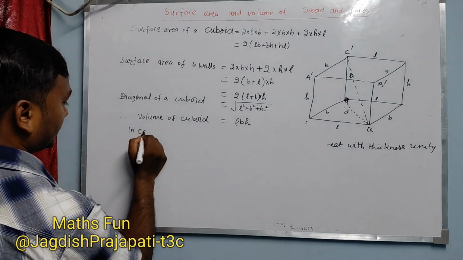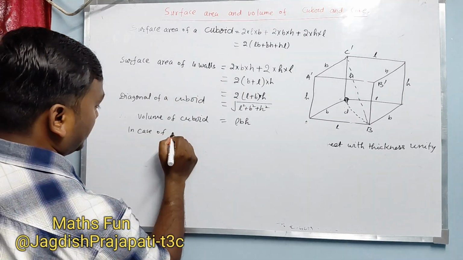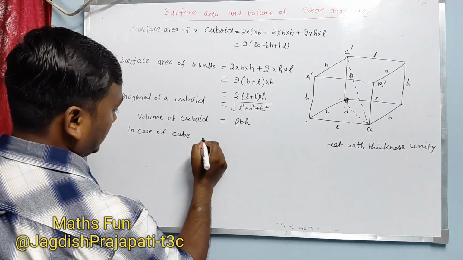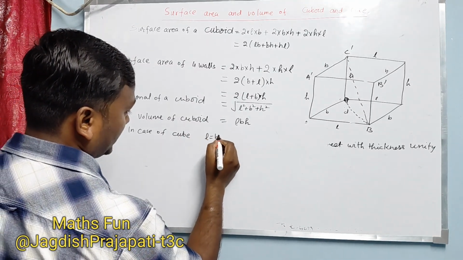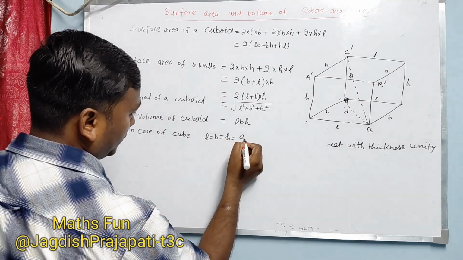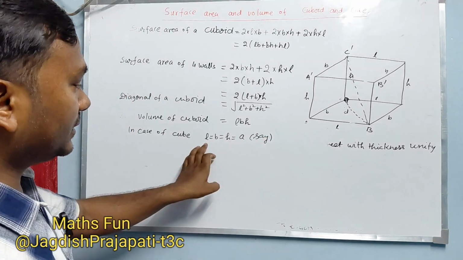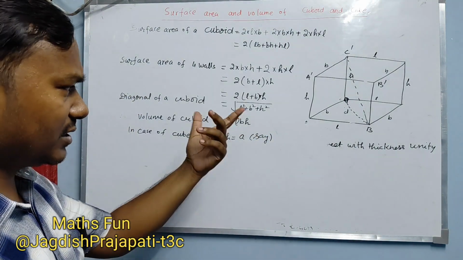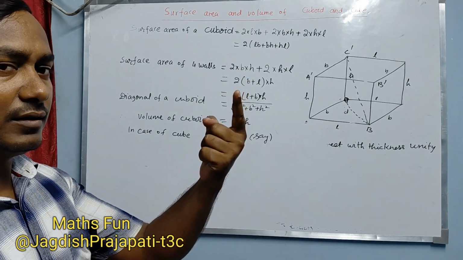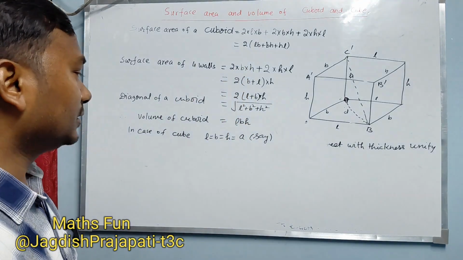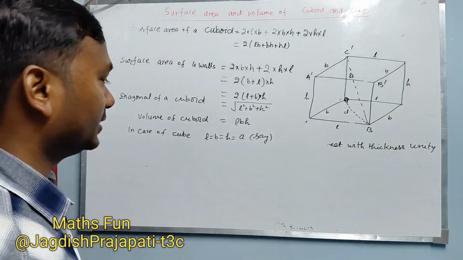In case of cube, L equal to B equal to H equal to A. Since these three dimensions are equal, let us say that is A. Why should we write 3 times A.